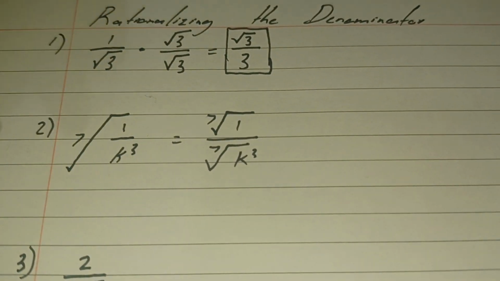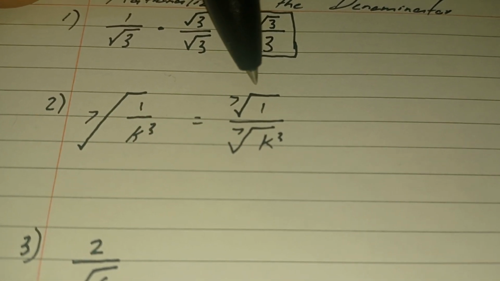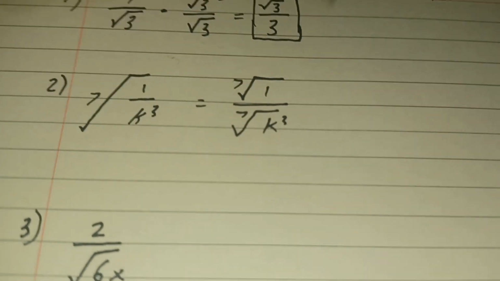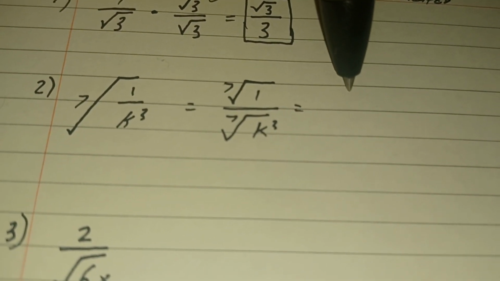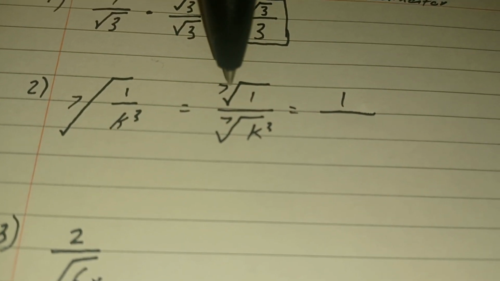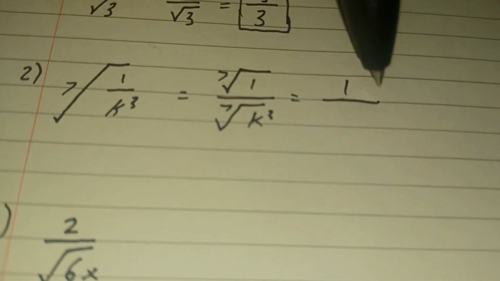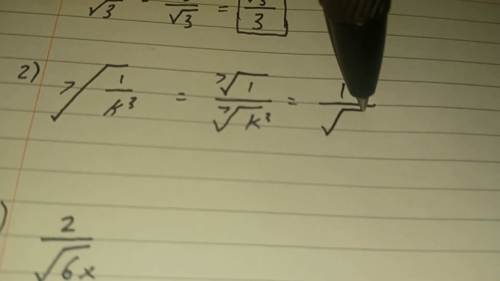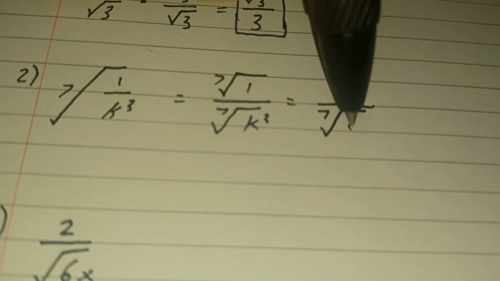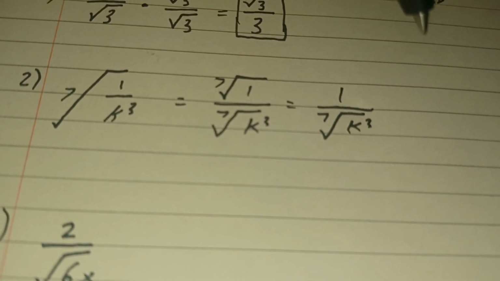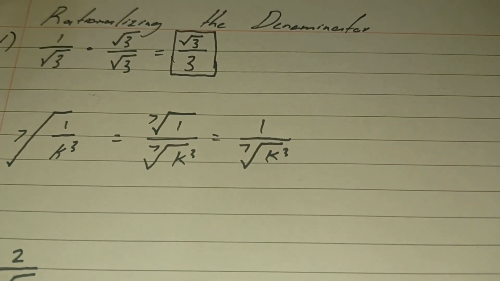So that is what we can do with this one. And any root of 1 is 1. So this is equal to 1, because any root of 1 is 1, divided by the 7th root of k to the 3rd power.